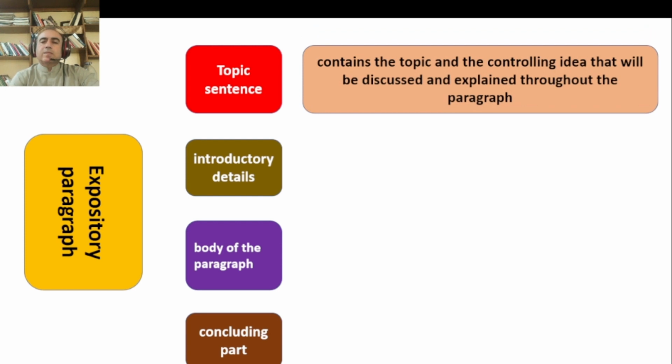The topic sentence controls the point and a controlling idea that should be explained in your paragraph. It means your paragraph deals with one point or one aspect of a topic. Whatever the aspect of your topic, that should be included in your topic sentence, which is called the controlling idea.